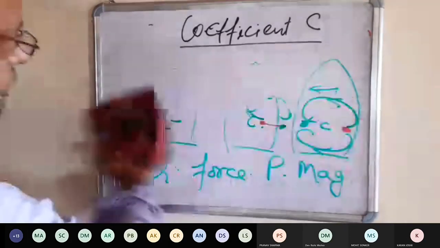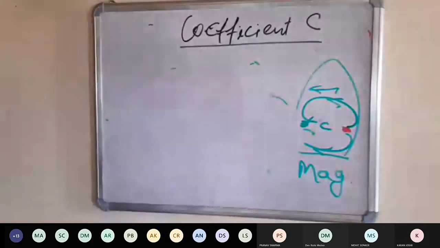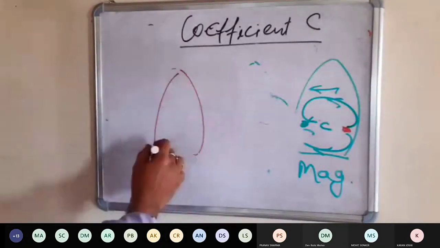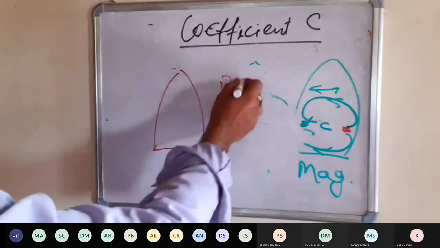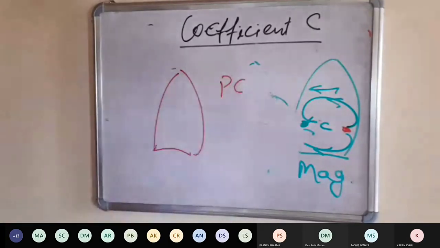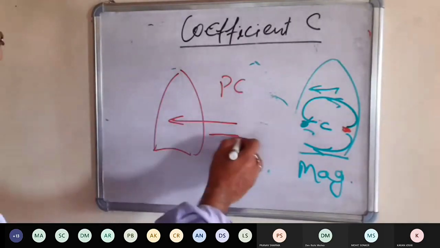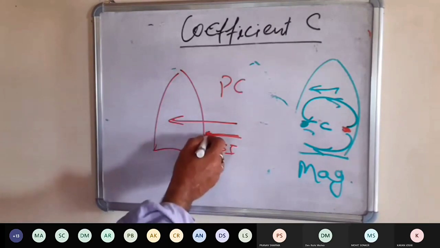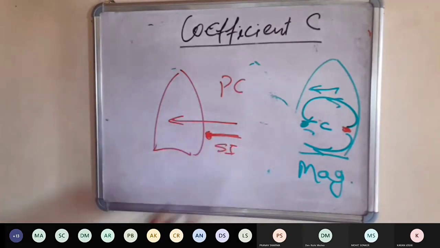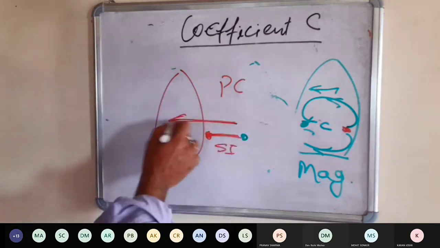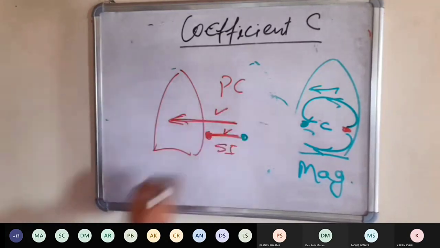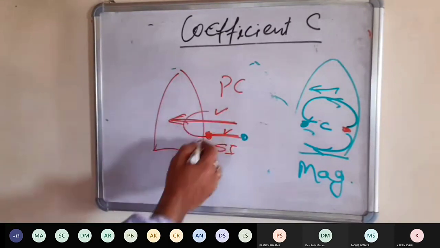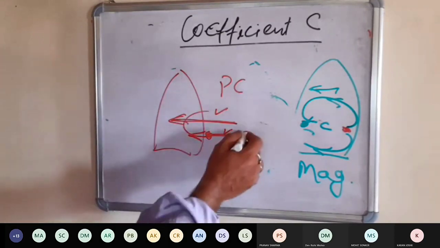What we are saying is that if there is PC, permanent C, which is acting in this direction, and there is also a soft iron which is developing something like this, then it either adds up or subtracts. This much plus this much. In this case it is going like this, so it is also like this.